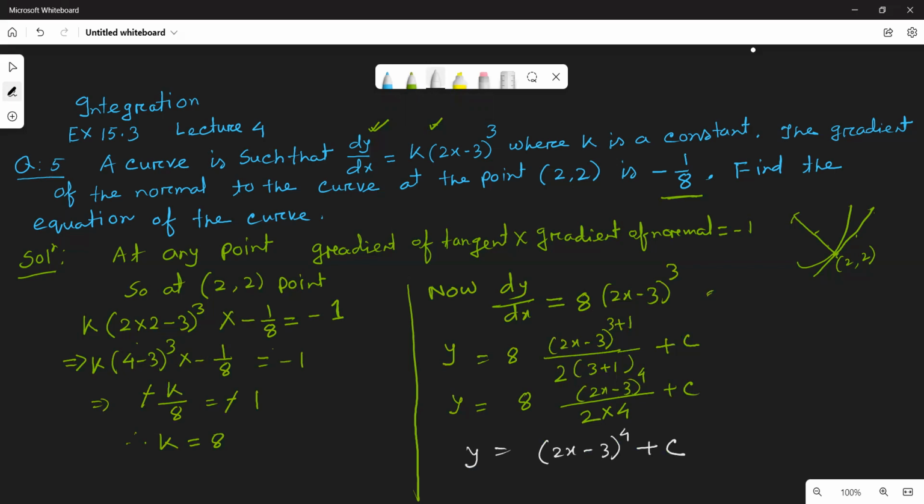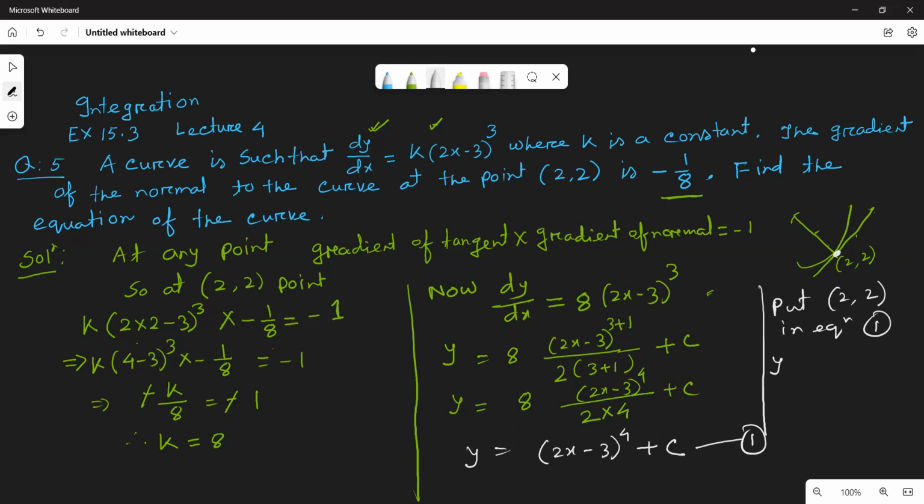So this is equation 1. This is the equation of this curve. This curve passes through this point, so put this point (2, 2) in this curve, in equation 1.